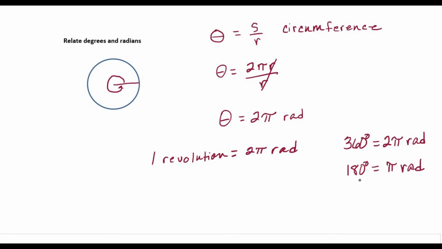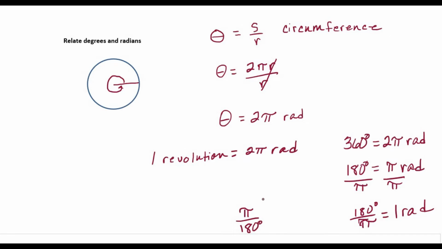And if I divide both sides of this equation by pi, I have 180 degrees over pi equals 1 radian. So I can take this ratio and flip it upside down and have pi over 180 degrees.